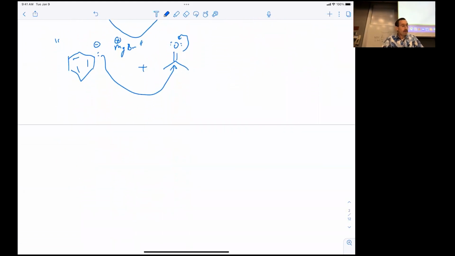All right, so organic chemists are very often interested in building up molecules. One of the real powers of organic chemistry is the ability to start with simple molecules and build up more complex molecules.